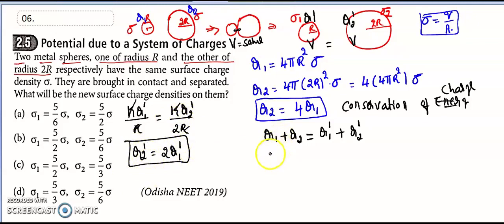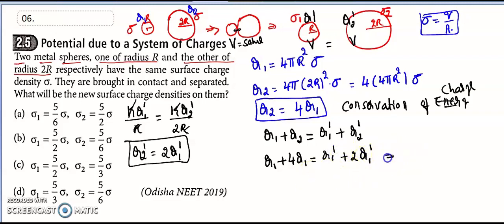Okay, now we have to put in the values. What is Q2? Q2 is equal to 4Q1, so plus 4Q1 is equal to Q1 dash plus 2Q1 dash.